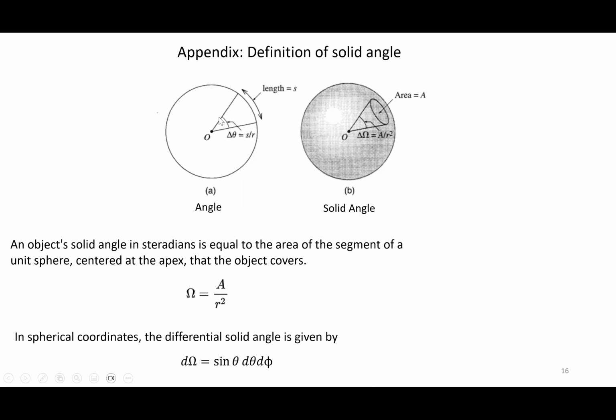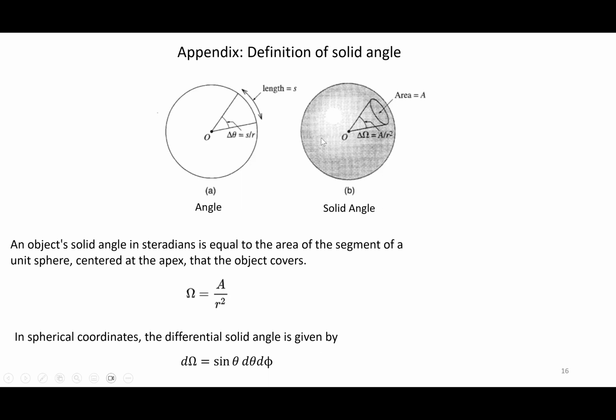You could construct a circle, put one line here and another line over here, and ask what the angle between these two lines is. It can be defined as this arc length divided by the radius of the circle. So that's the angle.